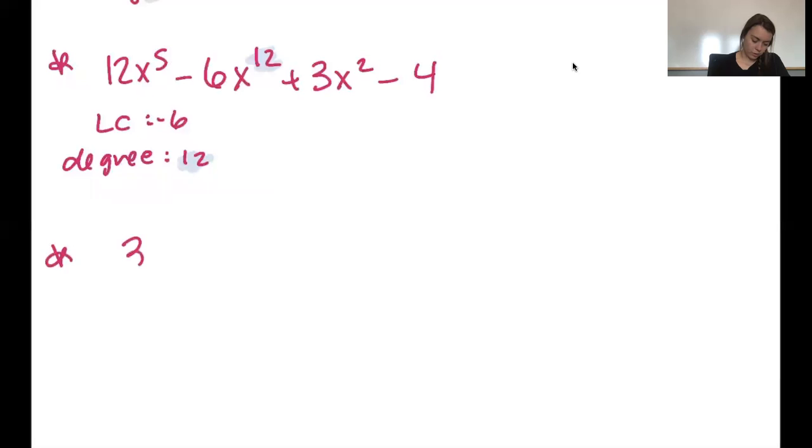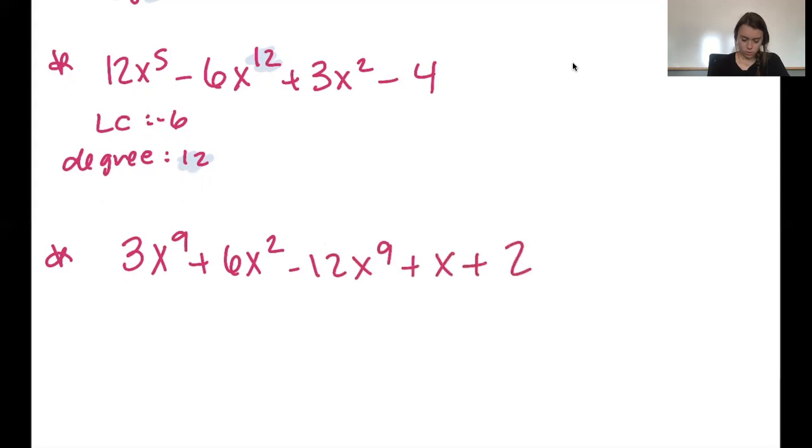Okay, I'm going to give you a few more. Think about this one. The leading coefficient here is -9 and the degree is 9.